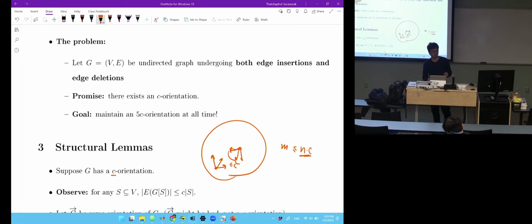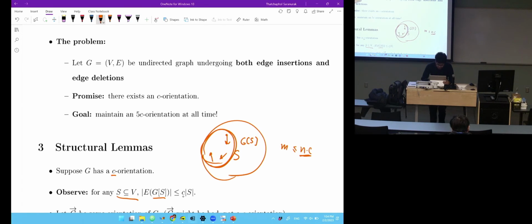Make sense? But it's more than that actually, because I claim that for any set S in this graph, the number of edges in the induced subgraph, the edges that are both inside S, is going to be at most C times |S|.